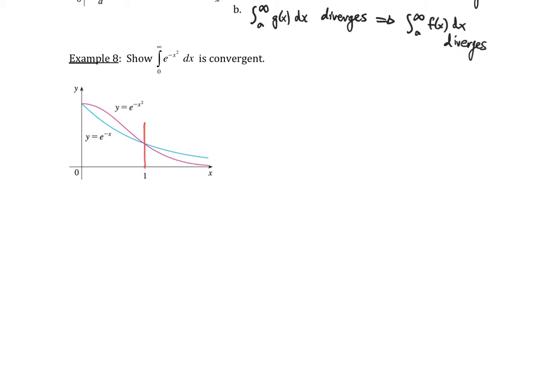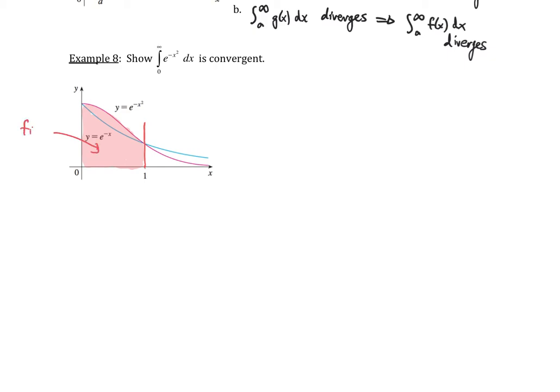What I want you to notice is this area to the left. All this area right here to the left, in other words, from 0 to 1. This area is finite.